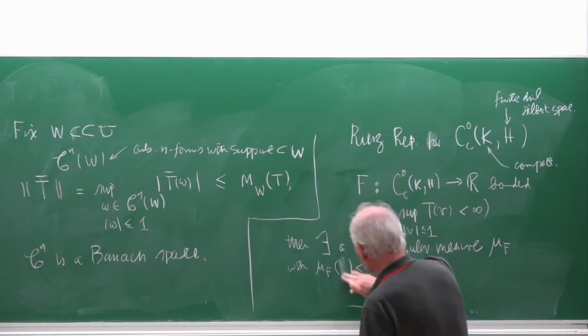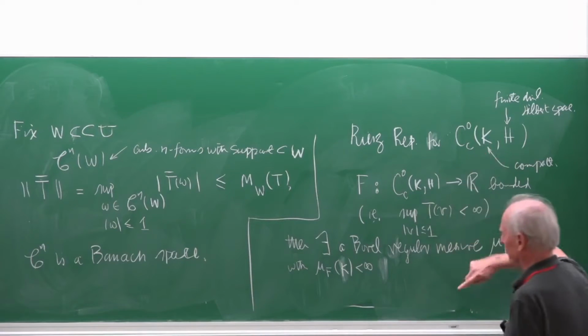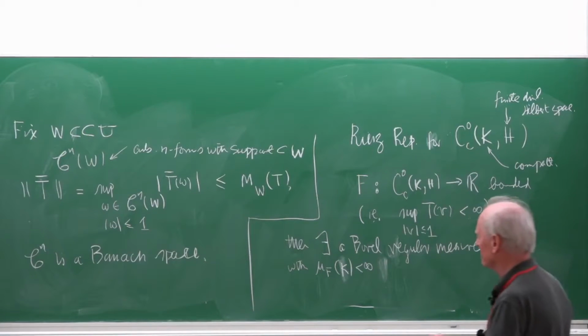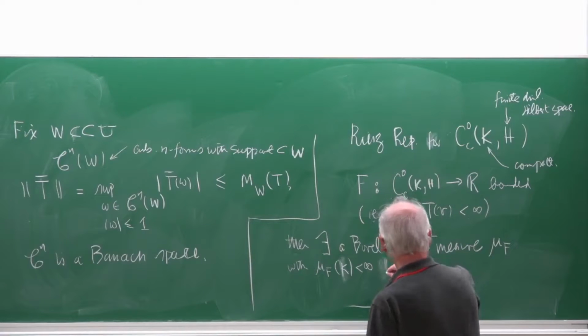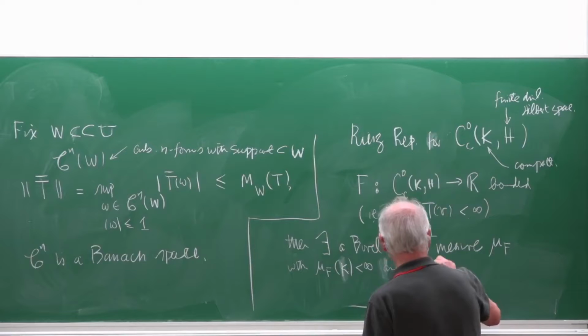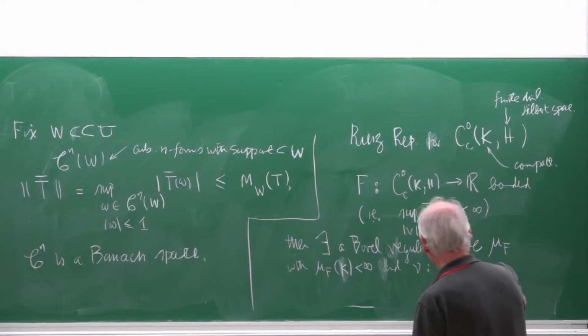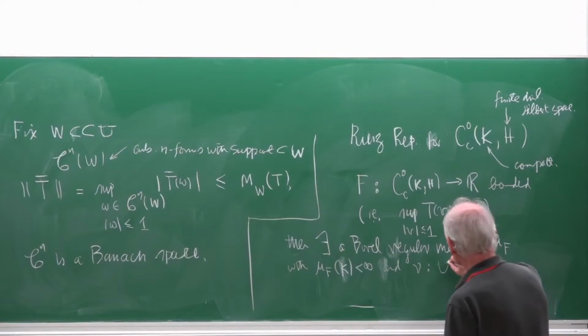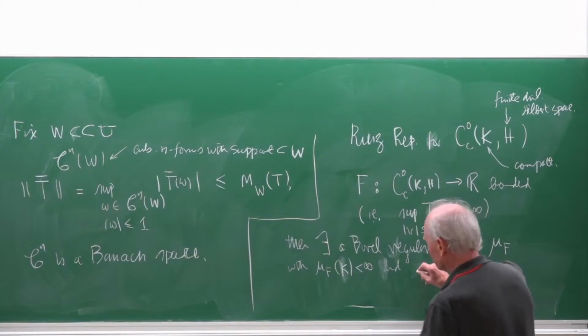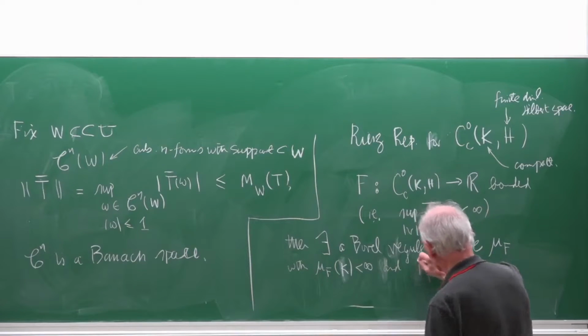We're taking a fixed compact set here, so just a finite measure on this compact set K, and a unit vector U, which is Borel measurable. In fact, mu f measurable. In particular, you can make it Borel measurable.